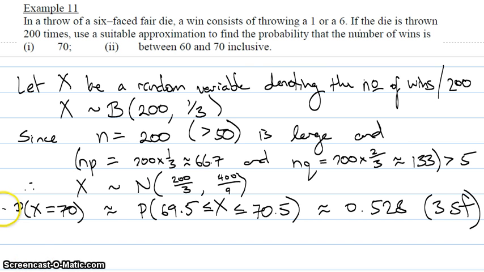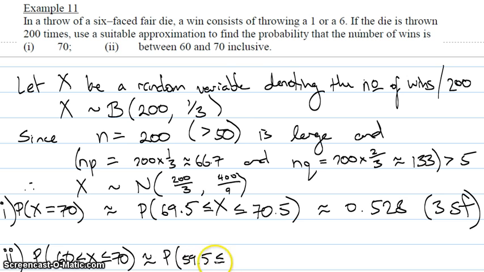So that's part 1. What about part 2? We're asked for the probability that X is between 60 and 70 inclusive. Well, that means that we're looking for the probability that 59.5 is less than or equal to X is less than or equal to 70.5. And again, we can just key this into our graphing calculator, can't we?